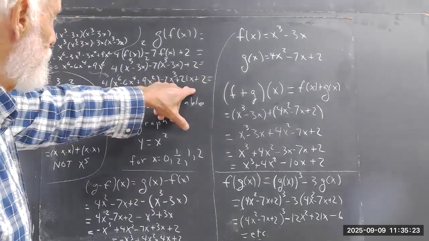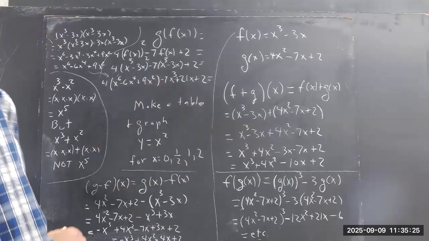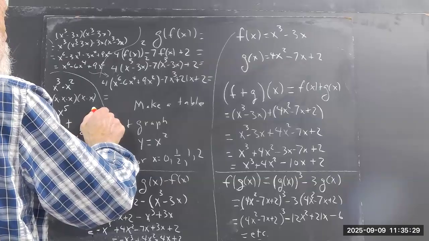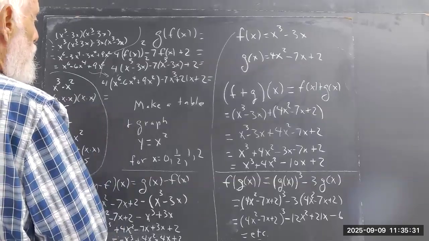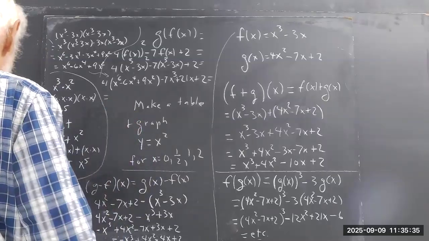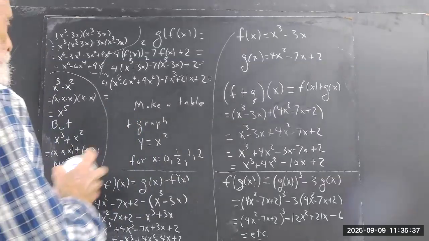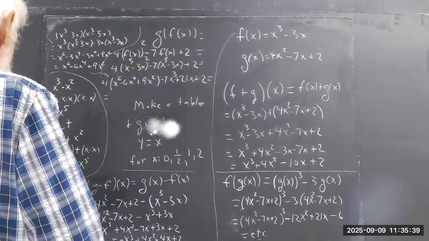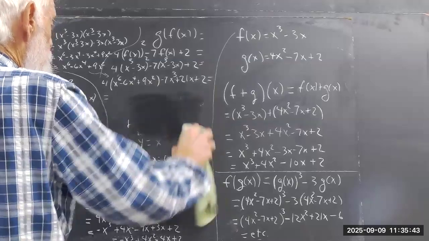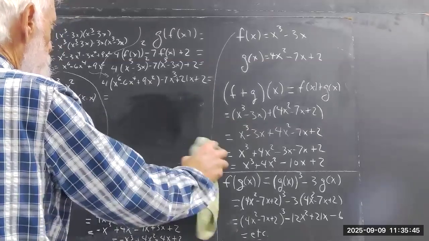Okay, then we get this and this. I'm going to make the table and the graph on a different board anyhow, so I'm just going to erase to give myself room.